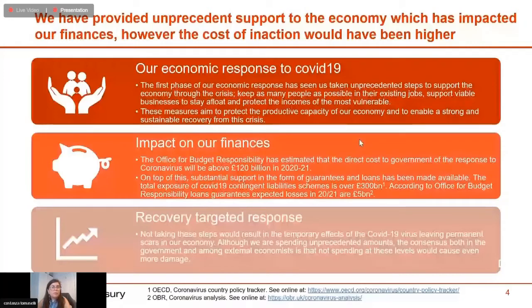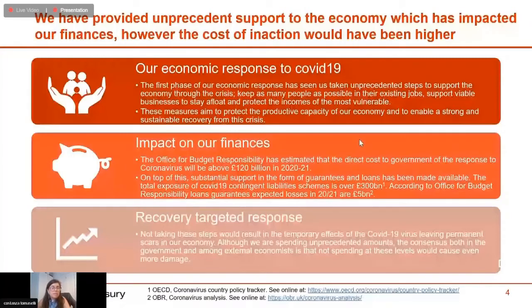The impact on our finances is quite significant. The Office for Budget Responsibility, which is an independent body, has said that the direct cost to government of the response to coronavirus will be above 120 billion pounds in 2020-21 alone.